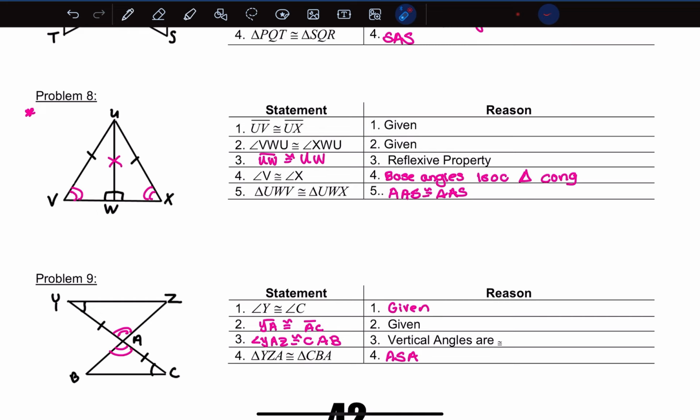If you know that the legs of a triangle are congruent, then the opposite sides, the base angles of an isosceles triangle, are also congruent. So that's how we're getting that angle V is congruent to angle X in line 4. So again, the base angles of an isosceles triangle are congruent. This lets us use angle, side for line 5.